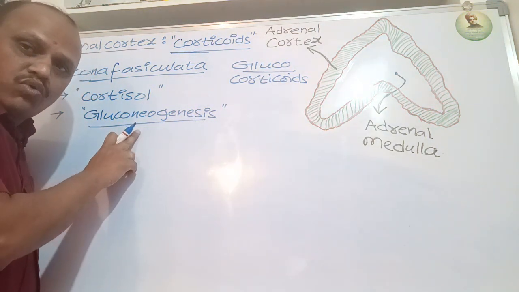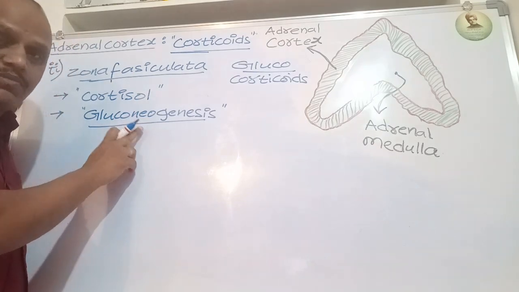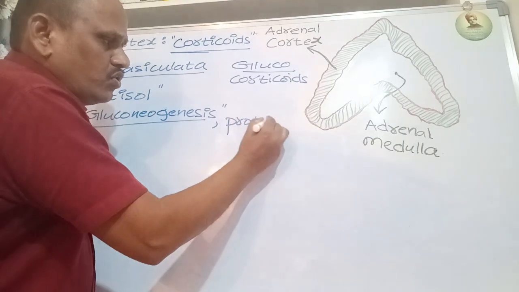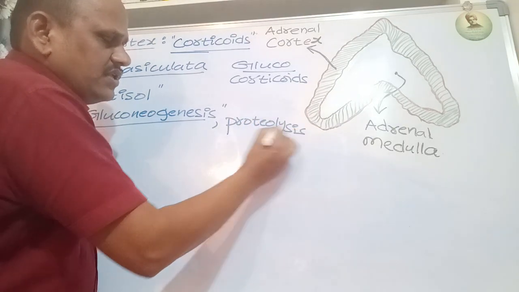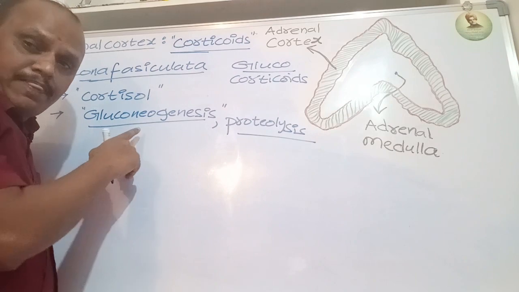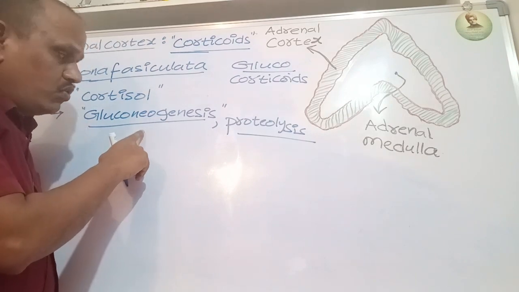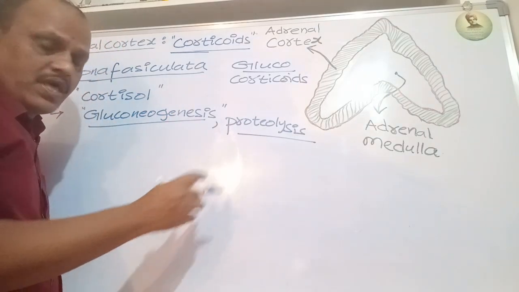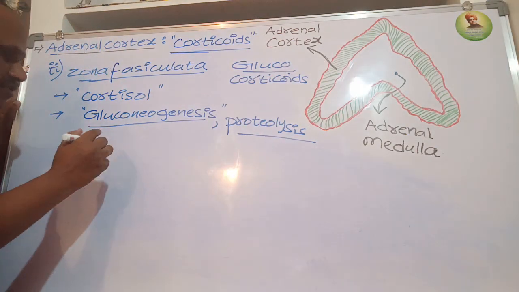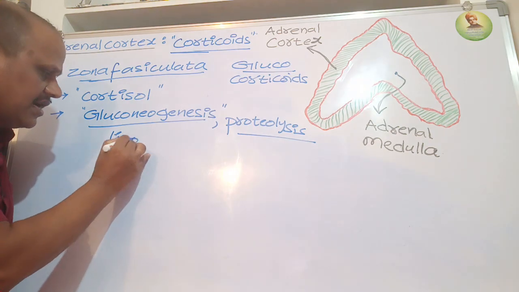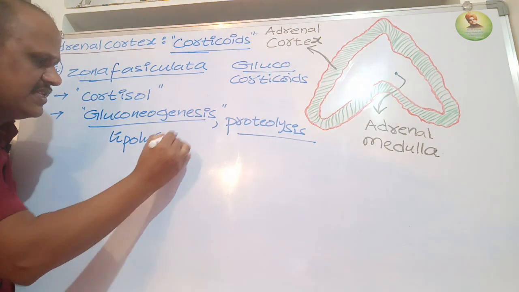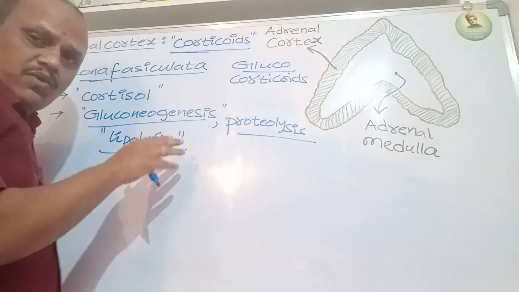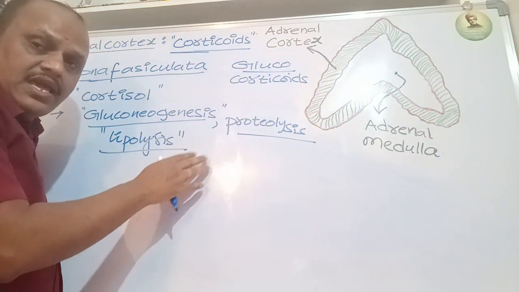Cortisol stimulates gluconeogenesis, it stimulates proteolysis, meaning the breakdown of proteins, and it also stimulates lipolysis. These are the functions done by cortisol.